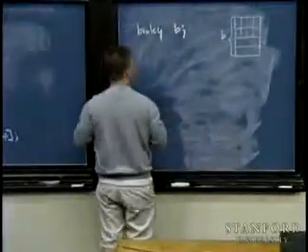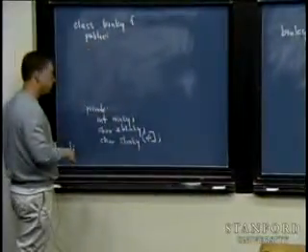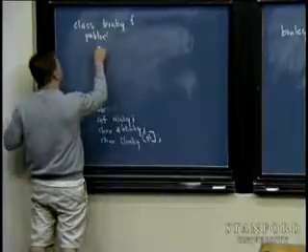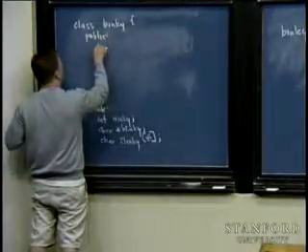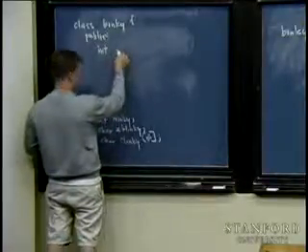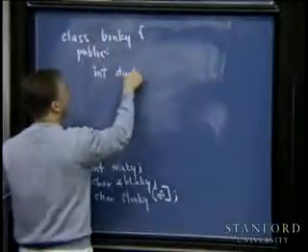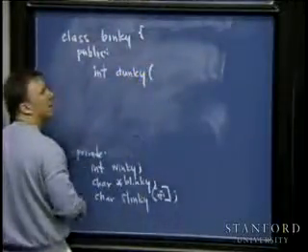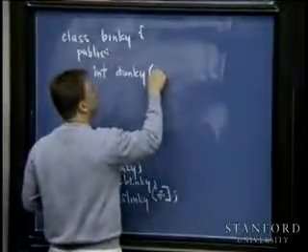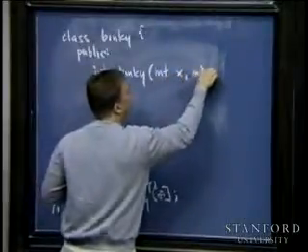When you do something like this, forget about constructors. Let's just invent a method right here. Let's just assume that I have this method, int donkey, where I pass in just an int x and an int y.